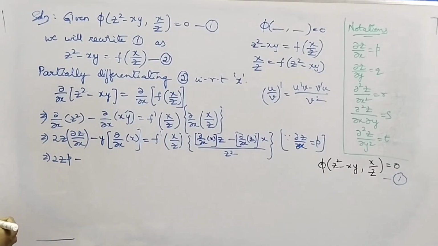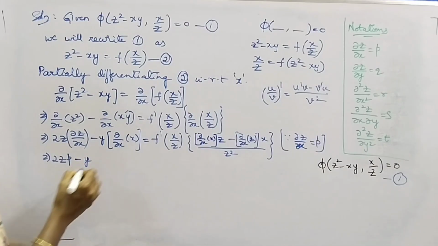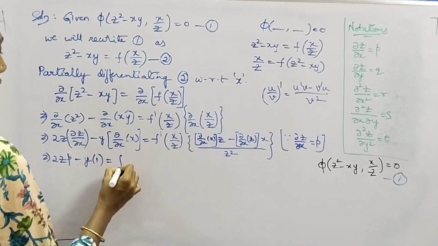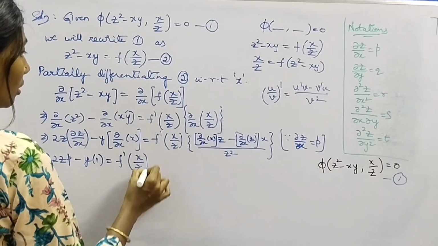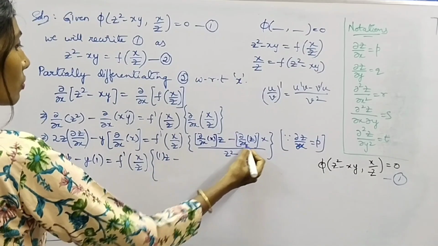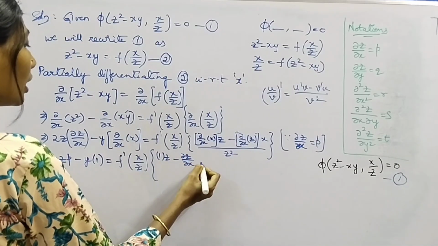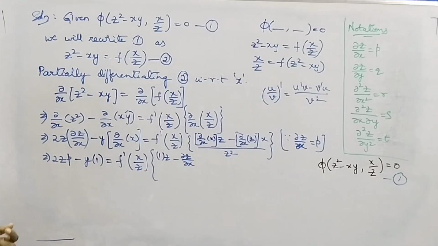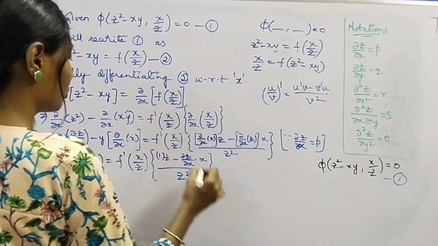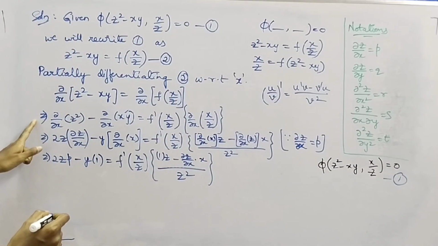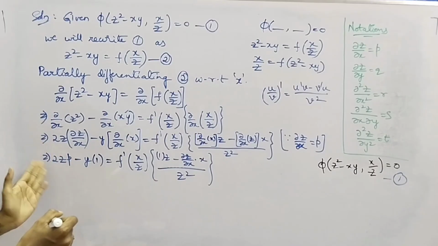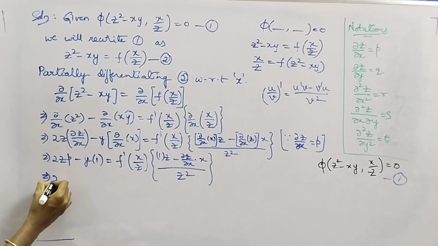We'll get 2zp minus y into the partial derivative of x with respect to x, which is 1, equal to f dash of x by z into the partial derivative of x with respect to x, which is 1, into z, minus the partial derivative of z with respect to x, which is dou z by dou x, again replaced by p, into x, by z square. You can skip all these steps and write the next step directly.